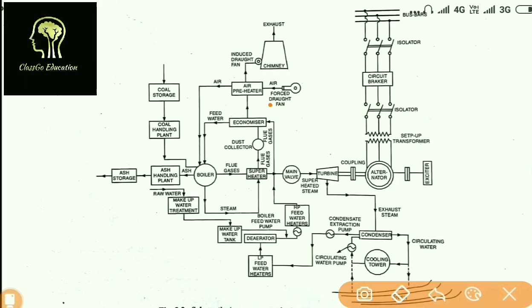Because what actually happens, if there is any fluctuation in load, there would be a load demand, and you know that there is a complete process whereby input energy is produced by burning of coal, and then steam temperature is increased with the help of superheater and all such stuff. So there would be a time lag between the change in the load and the supplied amount of energy.